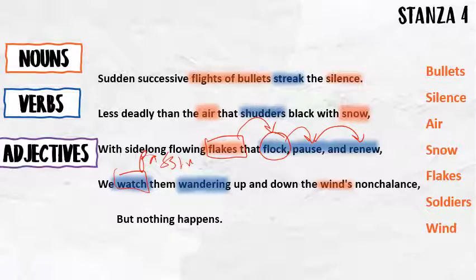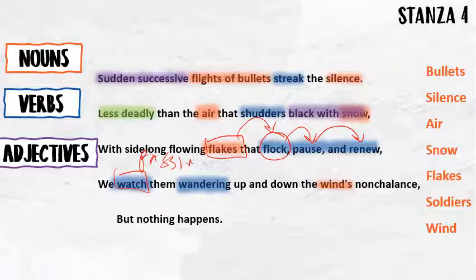And the adjectives. We have the flights of bullets that are being described as sudden and successive, but they're less deadly than the air that shudders black with snow.